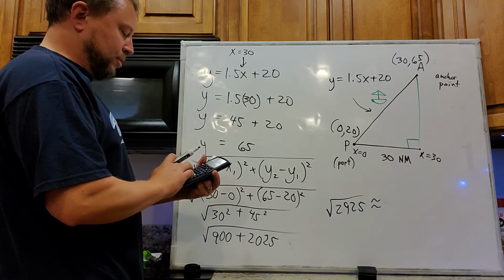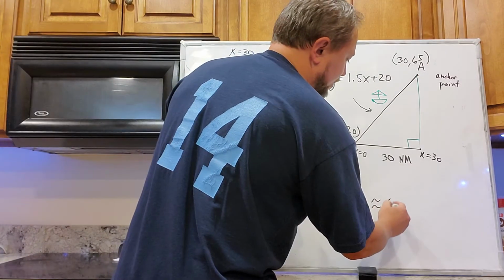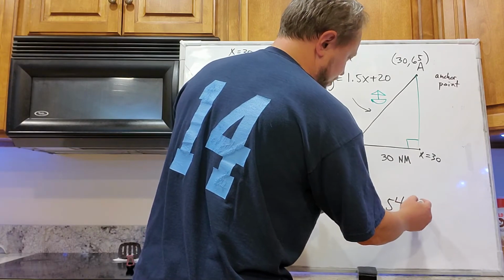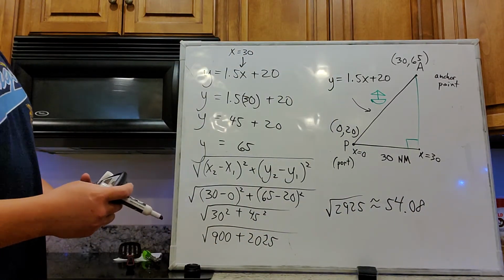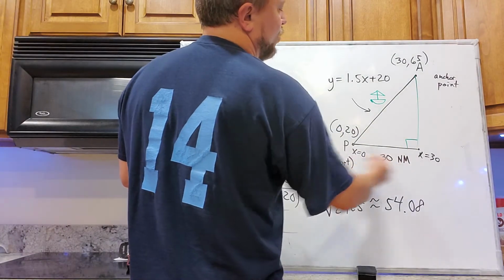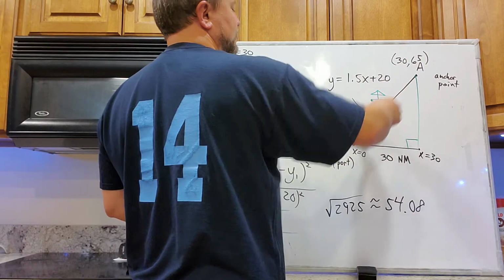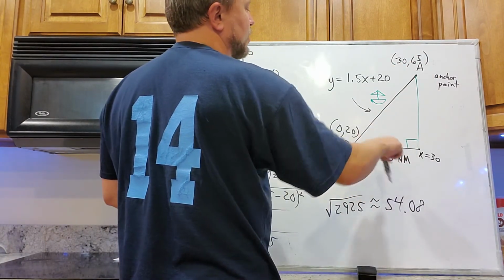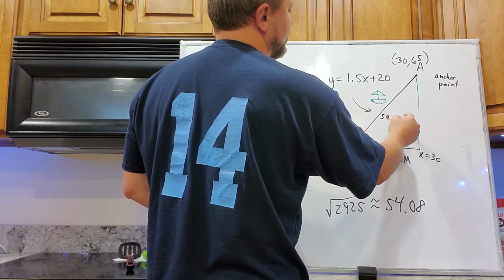Square root of 2925. It's approximately 54.08 if you go to the nearest hundredth. Okay, so while this was 30 nautical miles, we just found this from P to A to be about 54 nautical miles. So that length is 54.08.